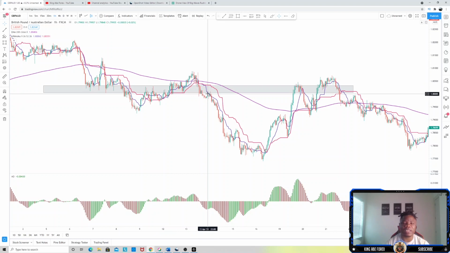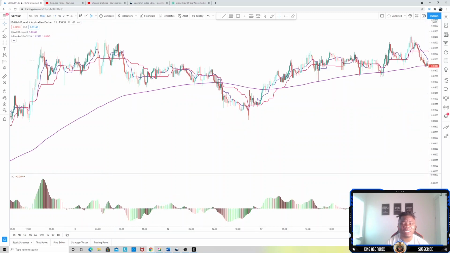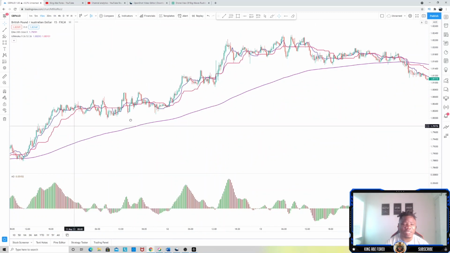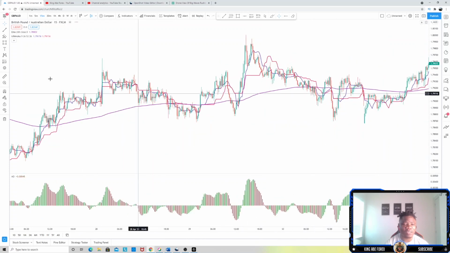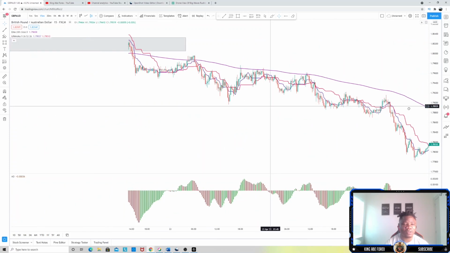And we can see that price is also below the 200 EMA on the 1 hour time frame. Now you can decide to go long on this trade, or you can decide to go short. Once you have that zone already on your 1 hour time frame, we can go back to the 15-minute time frame and look for that zone. Let's look for that zone real quick.